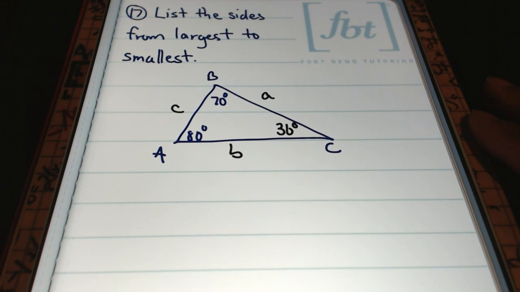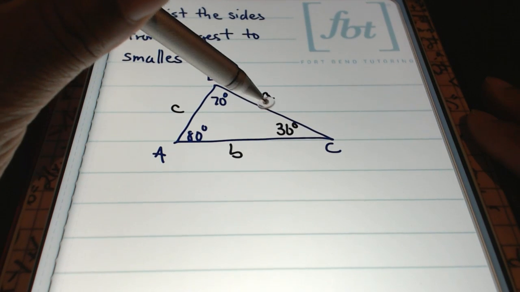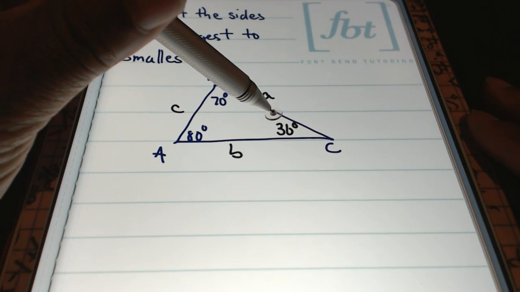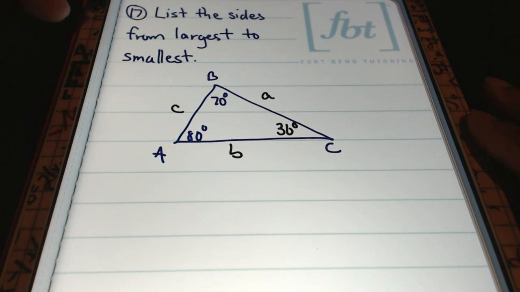Well, the way it works, ladies and gentlemen, is the side lengths will be in order from least to greatest based on the measurement of their angles, the angles opposite to them. Because angle C has the smallest angle measurement, it will capture the smallest side length.